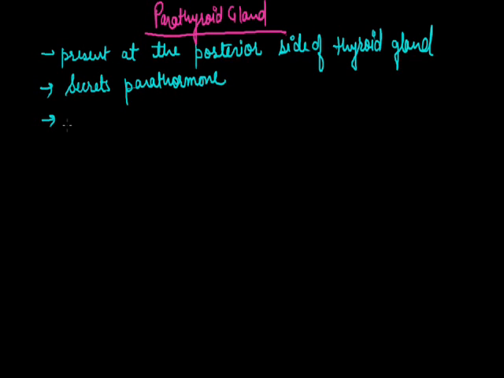It's responsible for the removal of phosphate ions and storage of calcium ions. So this one stores calcium ions while removing phosphate ions. If there is a deficiency or increased amount of parathormone in the body, then ion imbalance occurs and because of that tetany is caused.